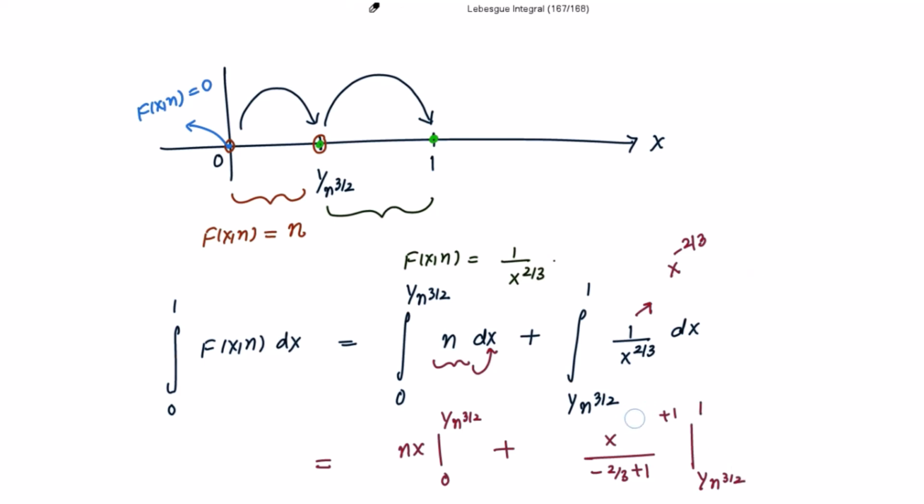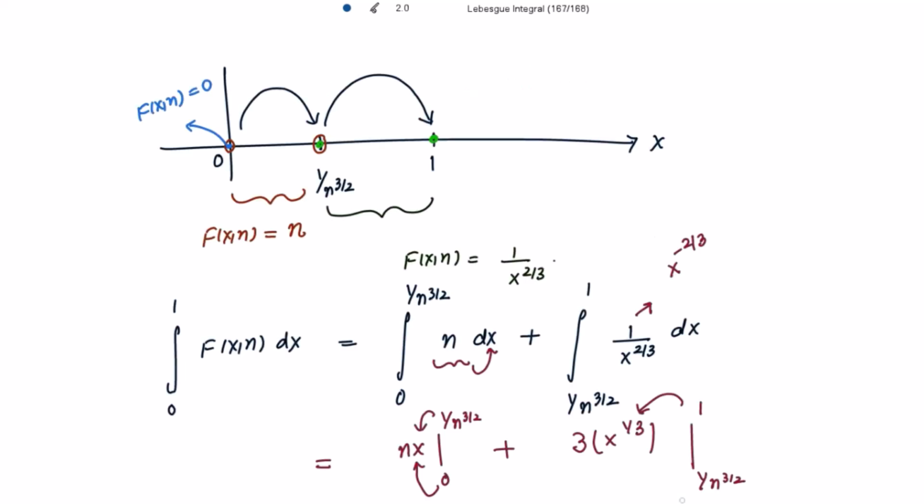So this becomes 1 divided by 3, which can also be written as 3 times this. Now putting the upper limit, we get n into 1 divided by n to the power 3/2, minus, putting the lower limit we get 0, plus 3 times this, which is 1, minus, putting the lower limit.